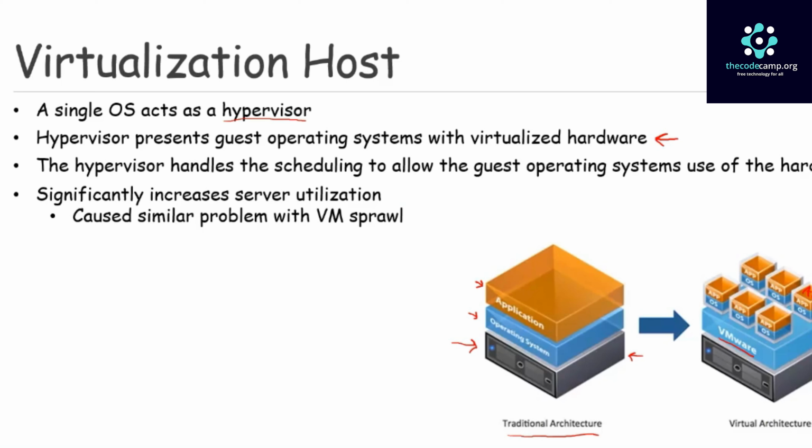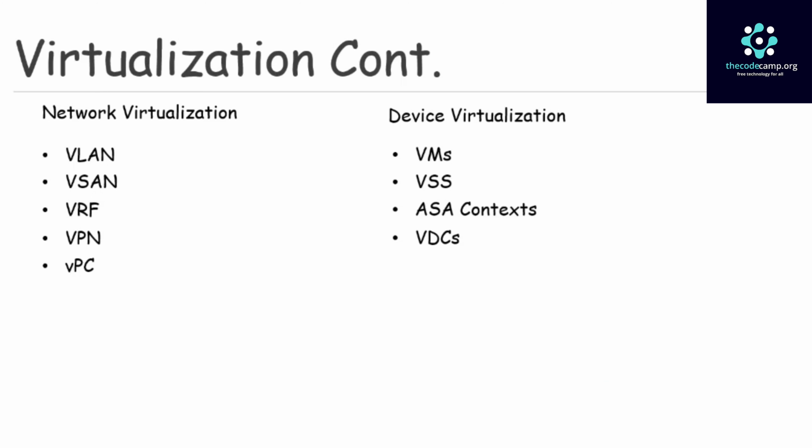Now, although this exam topic was only talking about virtual machines, I do want to go over a little bit more about what virtualization in the network looks like. As far as network virtualization, I've seen this question come up on Cisco exams before, which is why I wanted to mention this. Some examples of network virtualization: our virtual LAN, taking one physical switch and dicing it up into multiple virtual switches.